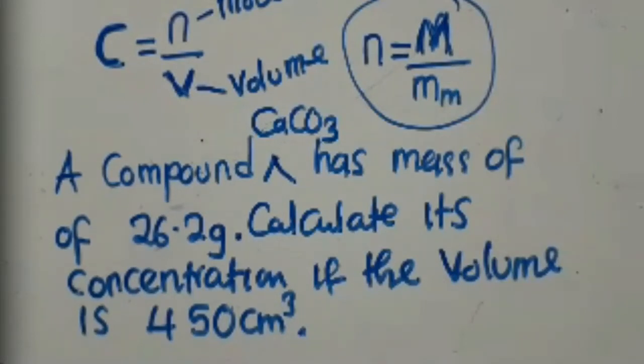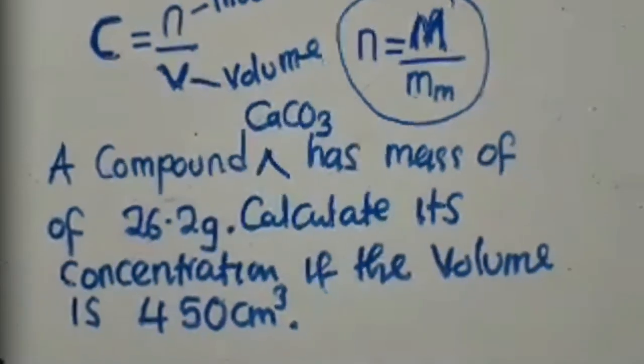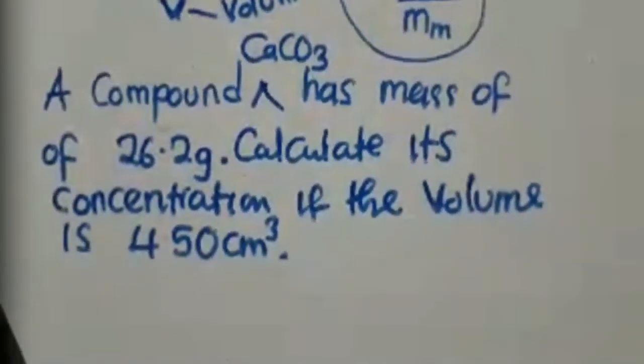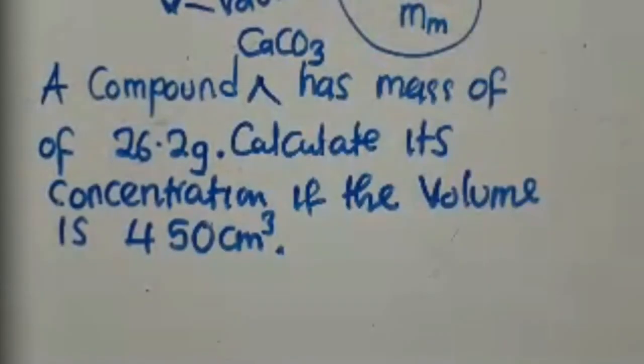So before we go any further and look at the answer, one thing that I told you which you need to know and understand is that concentration can be expressed in two ways, or can have two different units, but still it is the concentration.